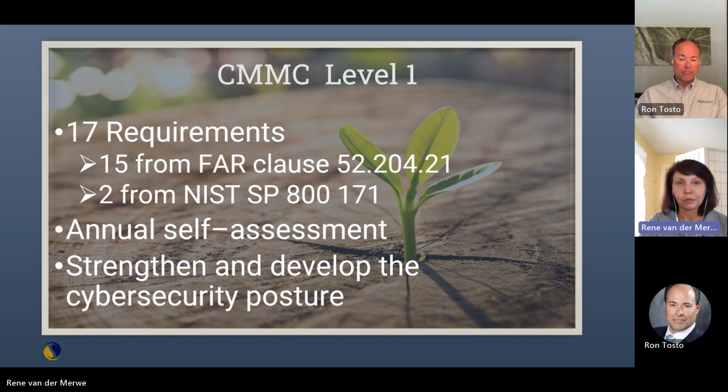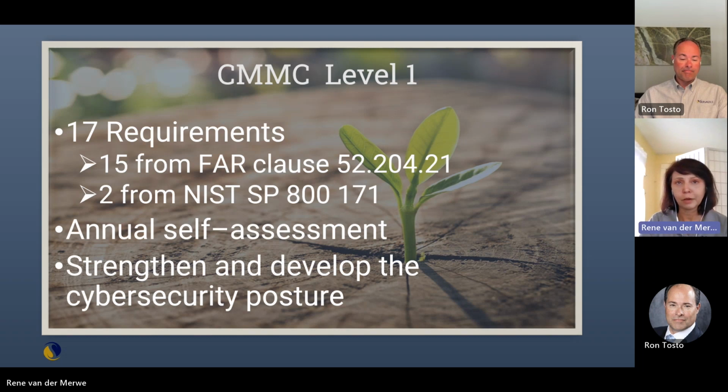The Federal Acquisition Regulation, or FAR, specifies the rules for basic safeguarding of covered contractor information systems. I will cover more about NIST a little later.